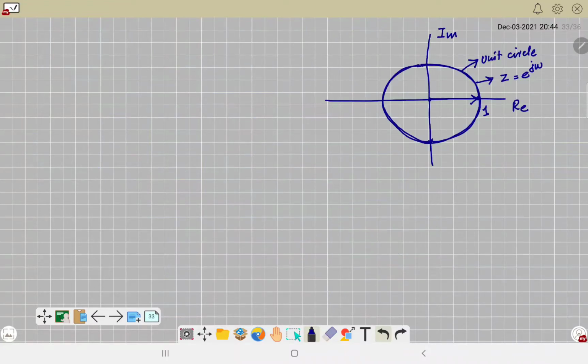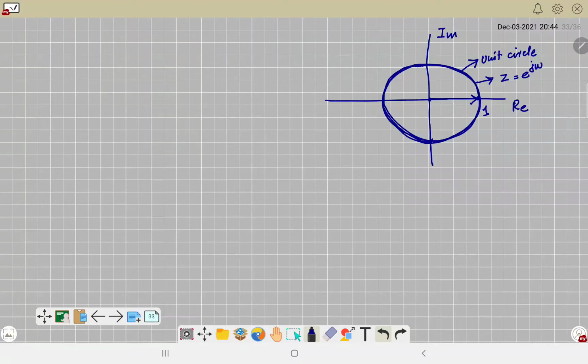In short, you have real and imaginary parts, and if you are evaluating the Z transform along this contour, that is the circumference of the circle of radius 1, you are basically evaluating what you call the Fourier transform, right?